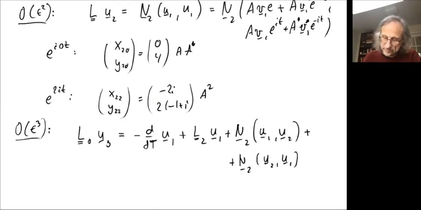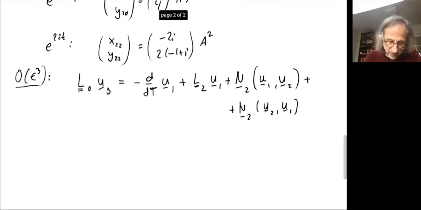So therefore, we now have to satisfy a solvability condition, and we do that by multiplying with our left zero eigenvector. So we multiply with our v plus that we've calculated, and when we do that, v plus times L0 will be 0, so the left-hand side will be gone, and we simply have v plus times this, and so on, has to add up to 0.